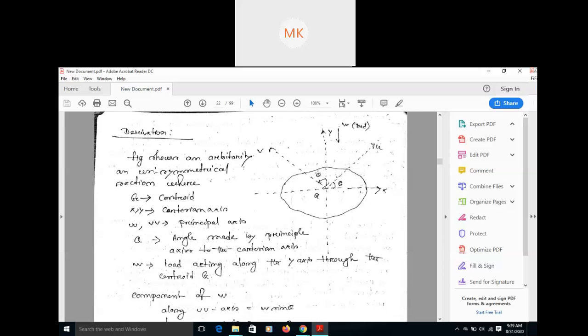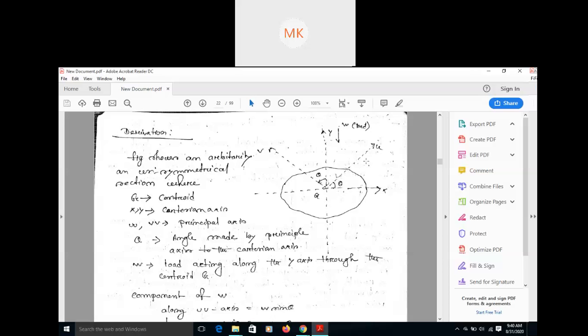We are considering any arbitrary section. Here you can see this is a section, and along it the x and y axes, and we have also drawn the principal axes. There are two sets of axes, one Cartesian and another principal. x and y are the Cartesian axes and u and v are the principal axes. Theta is the angle between u and x, which we have already calculated in the earlier numericals and derivation.